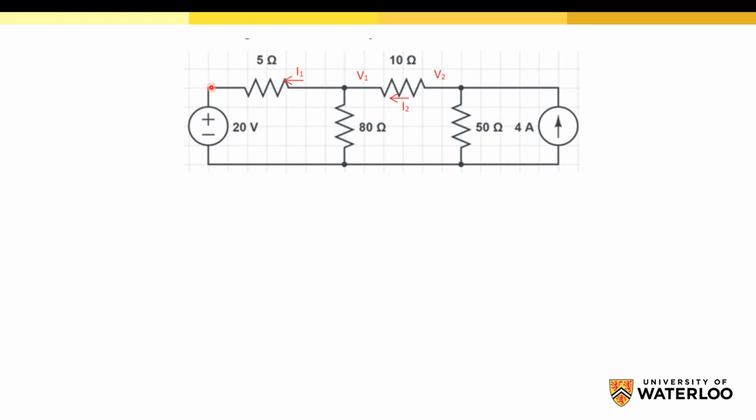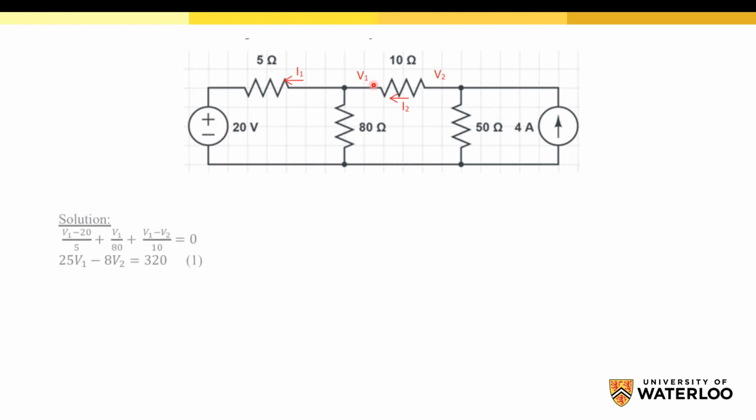If this point was a node, I would directly know the voltage of this node. So we have a reference here, V1 for this node and V2 for this node. So we have 2 nodes, and then we should write 2 node equations.